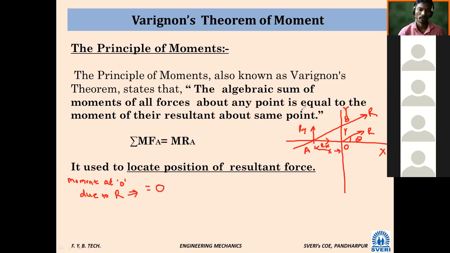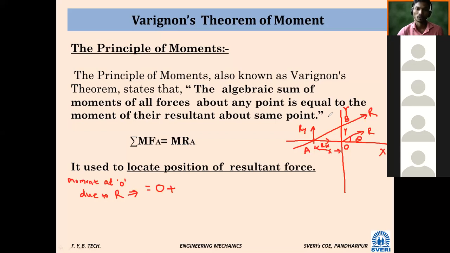Next, the moment. This moment plus the moment due to Ry. Now the moment due to Ry. Point O is fixed. Force is applied in the direction of Ry. How will this object rotate? Clockwise or anti-clockwise? Clockwise.